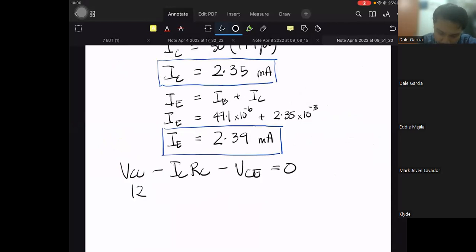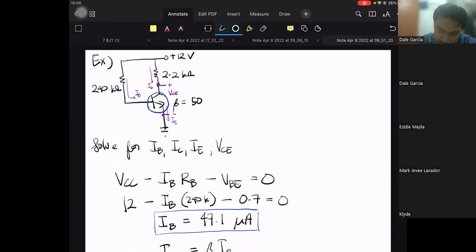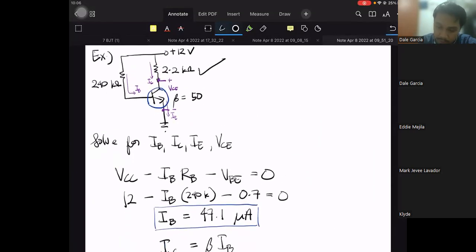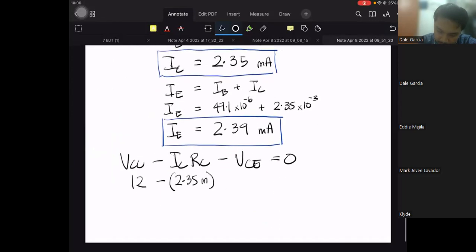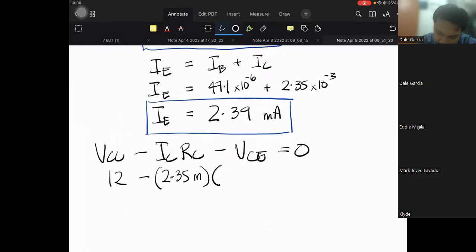Given VCC 12, IC is na obtain na nato 2.35 milli. RC is given, I believe it's 2.2 kilo, diba? Sa circuit. Pwede na natin siya i-shortcut kanina sa calculator, basta milli o kilo ang i-multiply. Cancel out ang ilang mga unit.